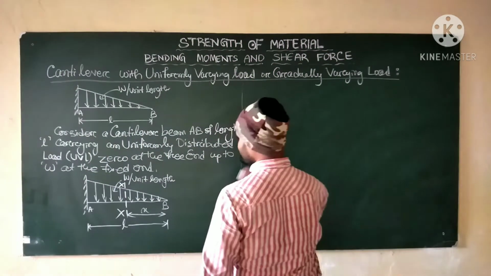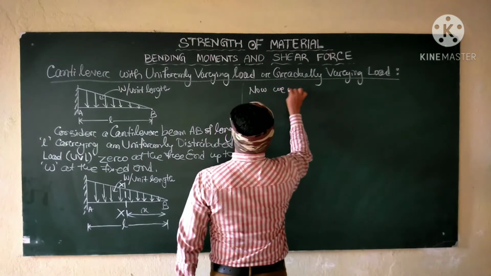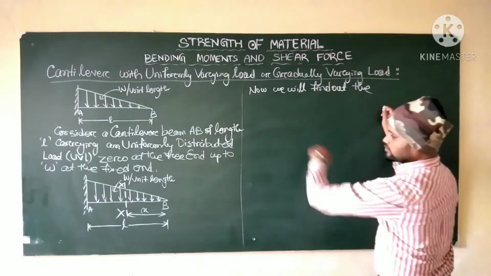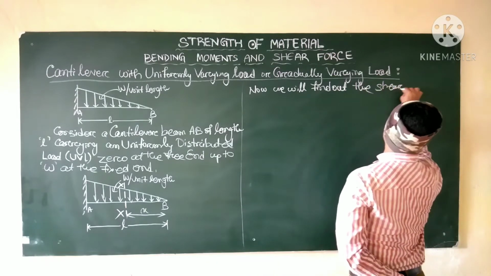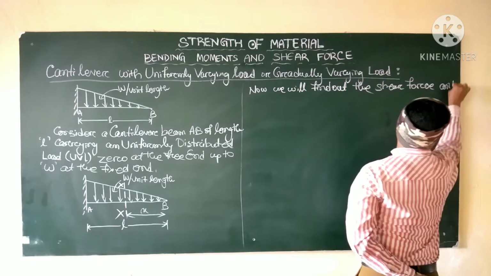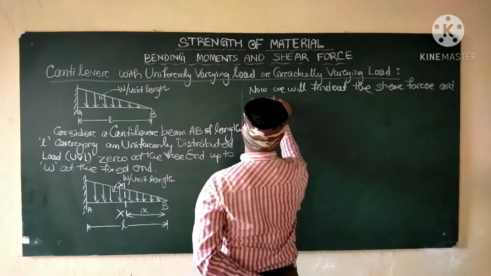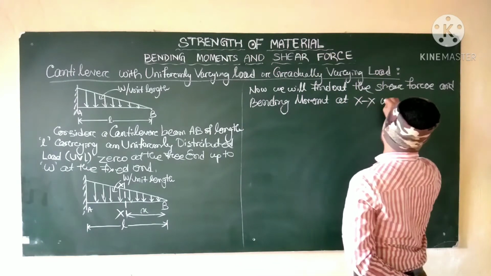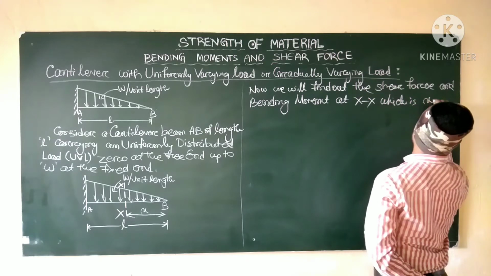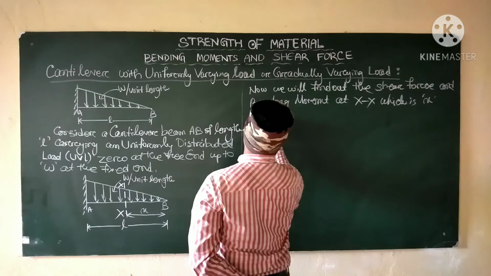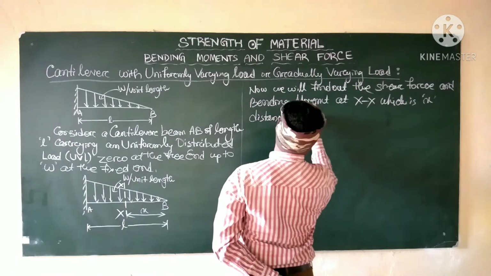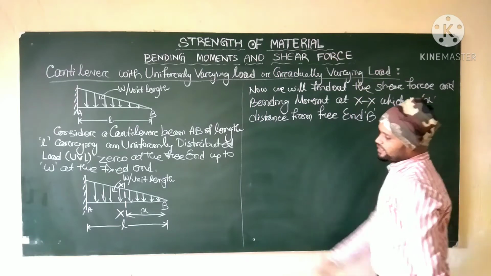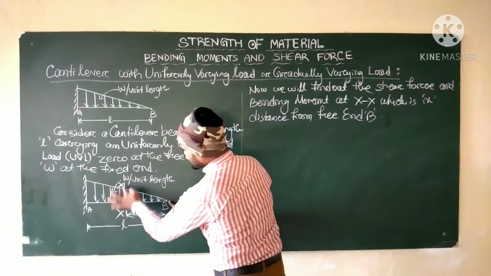So right now we will find the shear force and bending moment at section XX, which is small x distance from the free end, capital B. Here the free end is capital B. So the distance from the free end to section XX is small x.